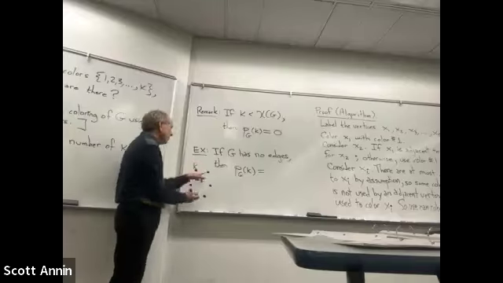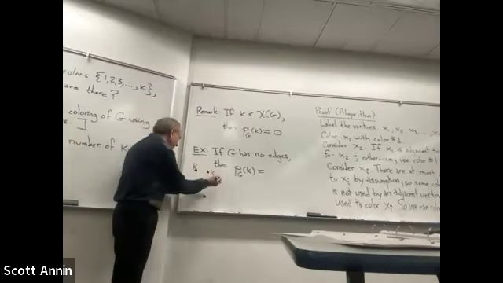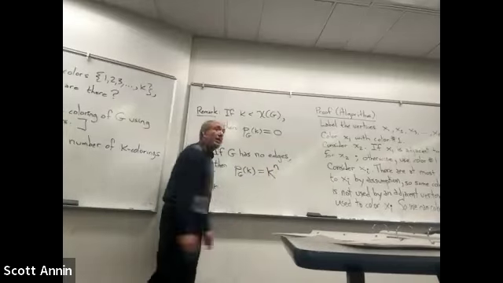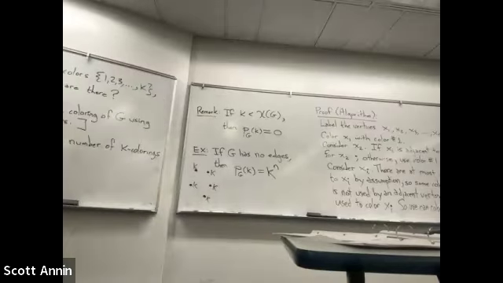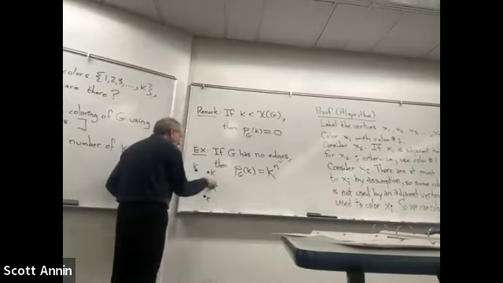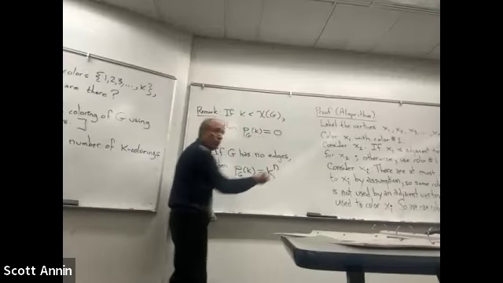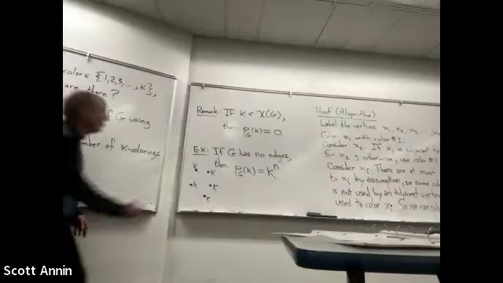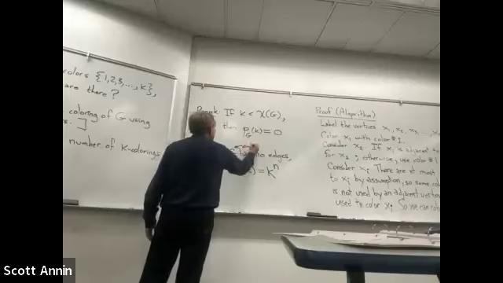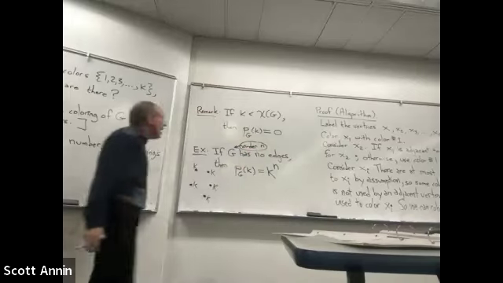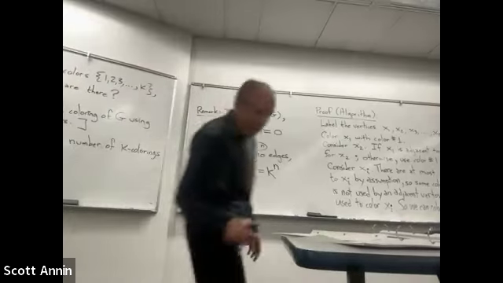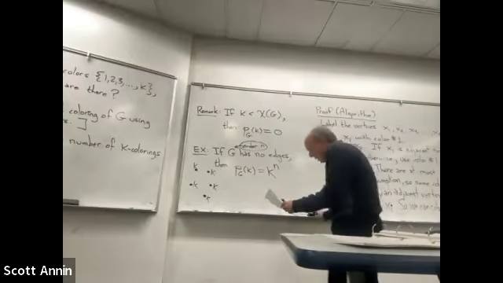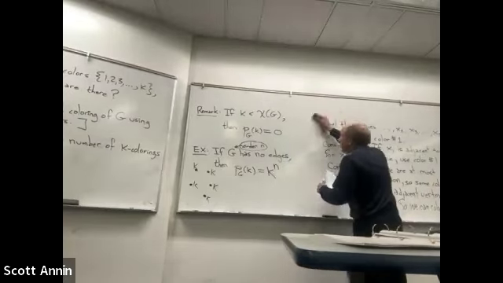K. What about the next vertex? Still K. All of them are just K. The answer is K to the n, just the multiplication principle. Each vertex has K choices, and there are n vertices in total. I'm assuming the graph has order n. So if G has order n, then P sub G of K is just K to the n.